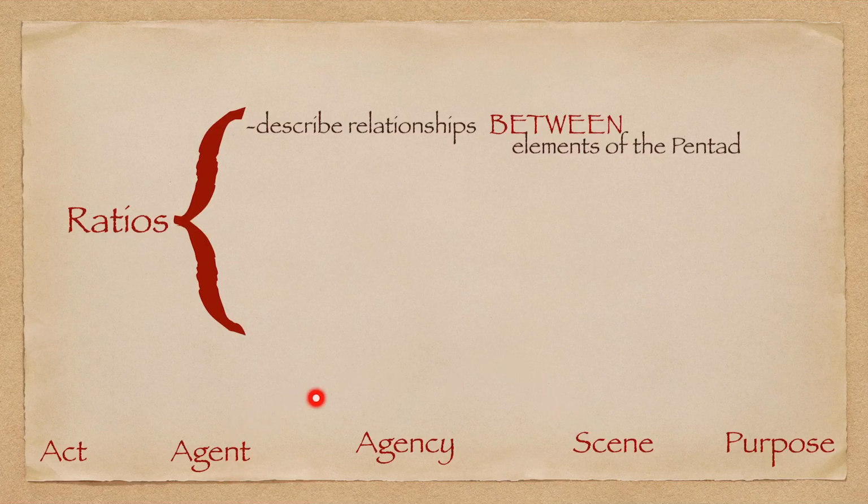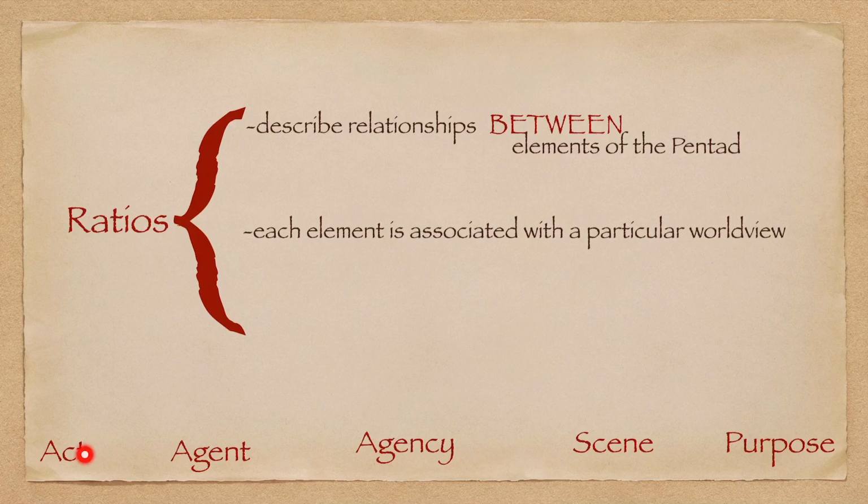Now, how is it going to do that? How is it going to describe the relationship between the agent and the scene, or the purpose and agency? How is it going to explore that? Well, there's a very direct, clear answer in Burke's mind. He thinks of each element of the pentad being associated with some particular worldview. Almost a philosophic position.